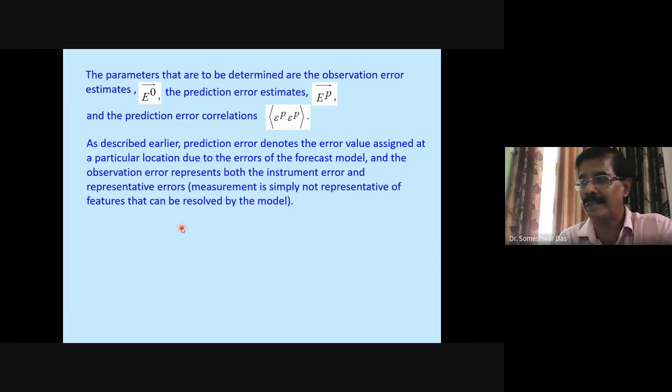Also, representative errors means like suppose you are collecting the observation from a radiosonde, for example. You're launching the radiosonde, say at Jaipur or Delhi or Chennai or Kolkata, right? But by the time the radiosonde reaches 100 millibar or even above 50 millibar or 30 millibar, it would have drifted away by 200 kilometers.